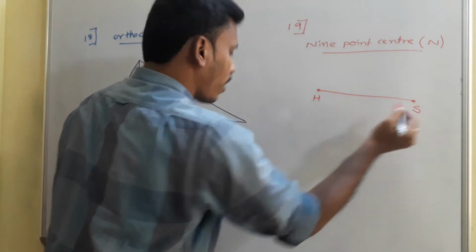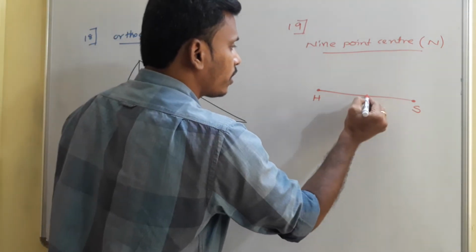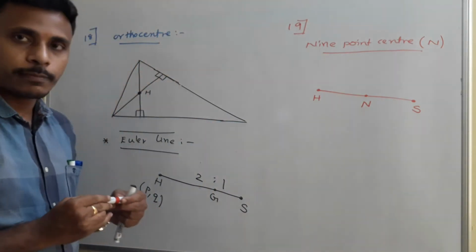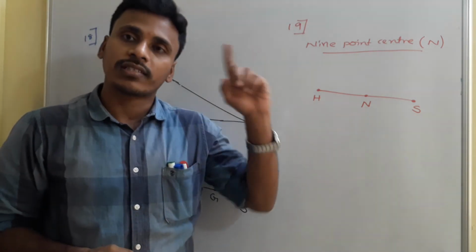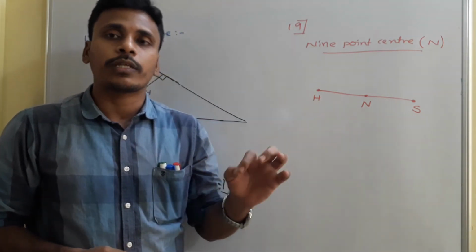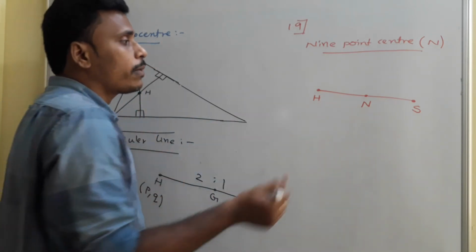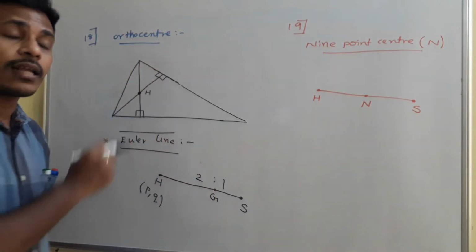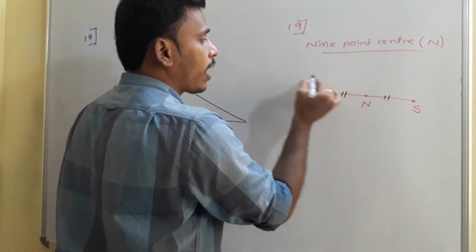As I said, the Euler line: the line joining orthocenter and circumcenter, its midpoint is the 9-point center. Basically the 9-point center is the center of a circle passing through 9 specific points. That center is denoted by the letter N, and Euler observed that the 9-point center is the midpoint of his Euler line.